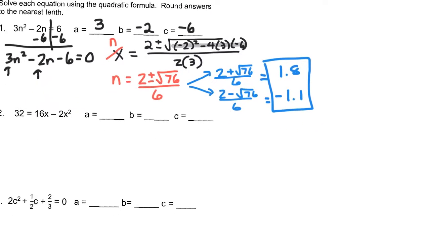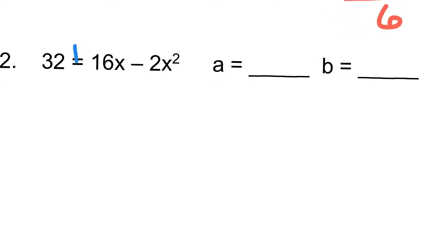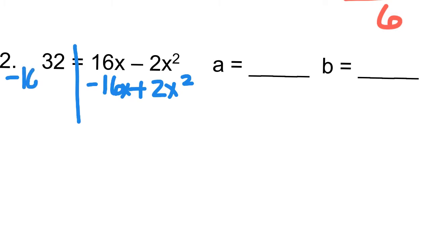Now let's look at number 2. Number 2, we need to make sure everything is equal to 0. So to do that, we'll subtract 16x and add 2x squared to both sides. That way, it will all be equal to 0.